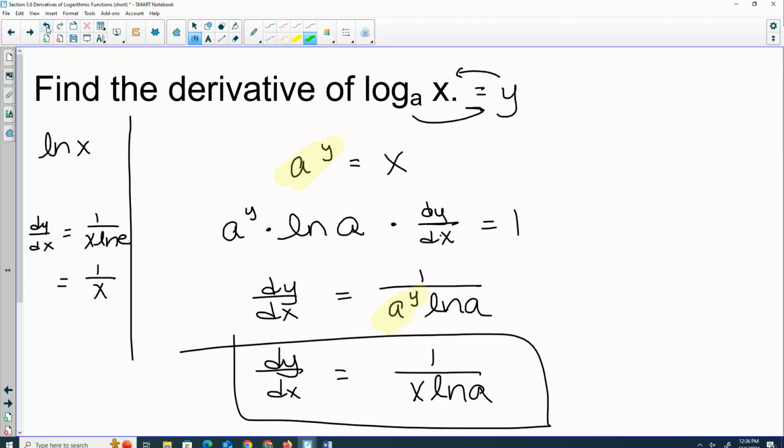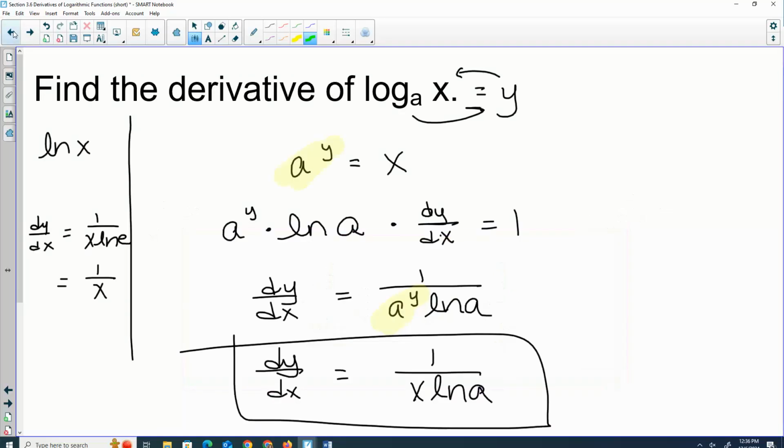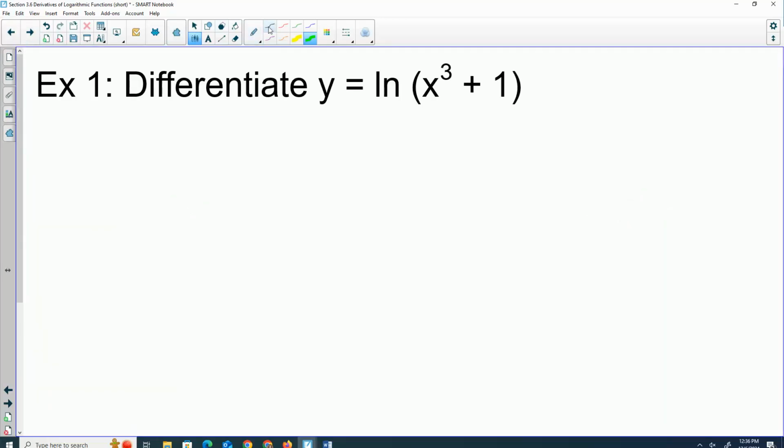Are we just assuming that a is just a number? Yes. In this scenario, it's e. All right, let's try this one. If I wanted the derivative of y equals the natural log of x cubed plus 1, since it's a natural log, I can do just 1 over the argument.